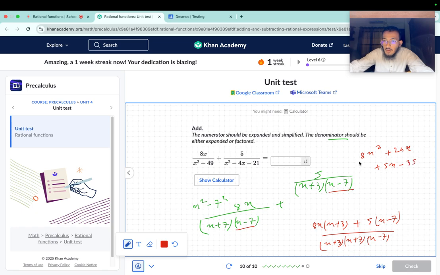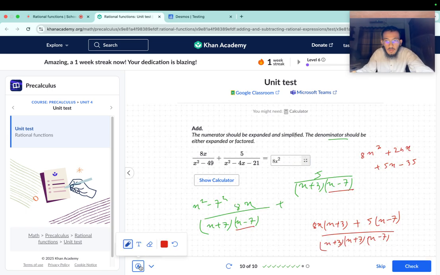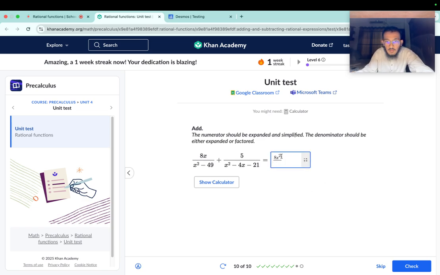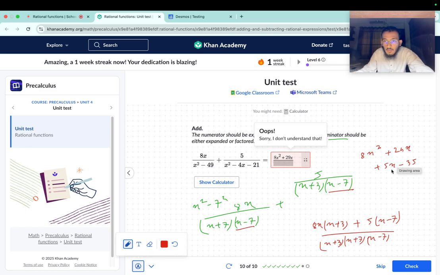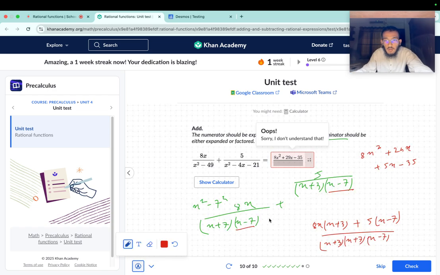So we have 8x squared plus 29x minus 35 upon (x plus 3)(x plus 7)(x minus 7).